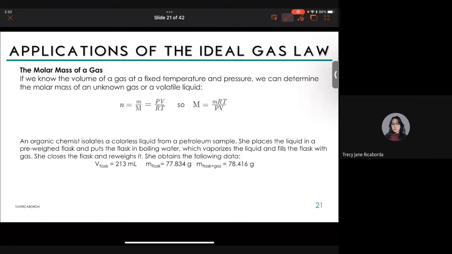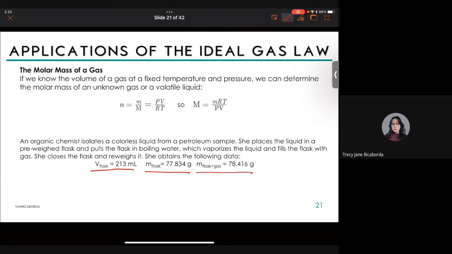Now she places the liquid in a pre-weighed flask and puts the flask in boiling water, which vaporizes the liquid and fills the flask with gas. Now she closes the flask and then reweighs it. She obtains the following data. So meron kang volume ng flask, mass ng empty na flask, and the mass ng flask with the gas inside it. Pinapahanap sa atin ngayon is the molar mass of the gas.